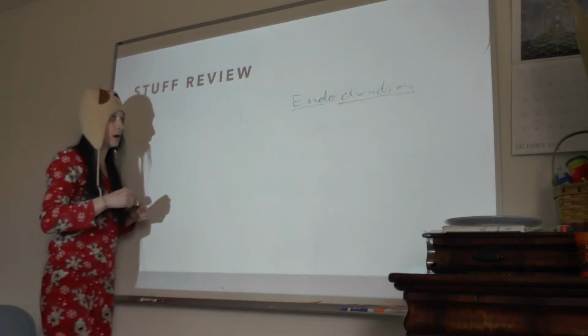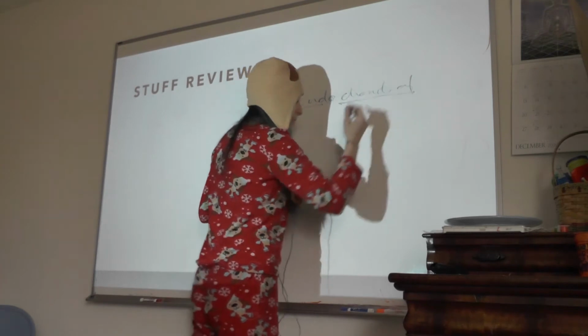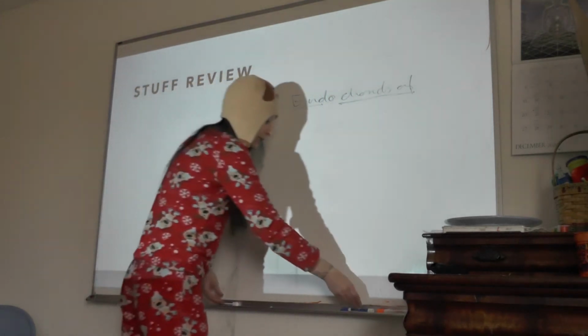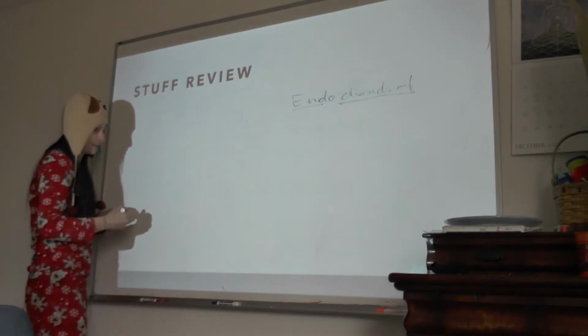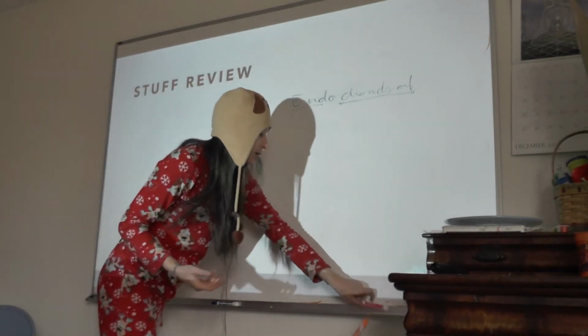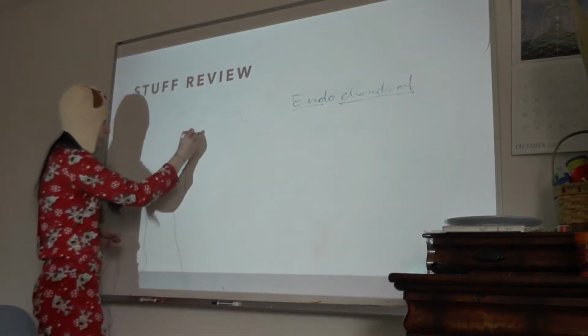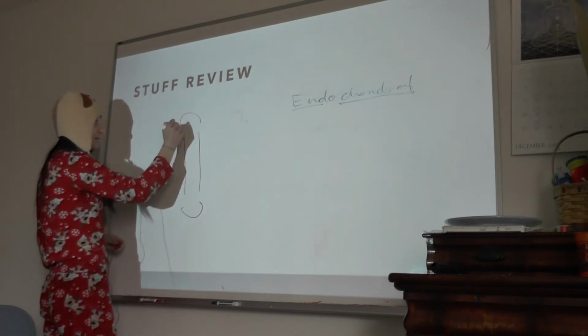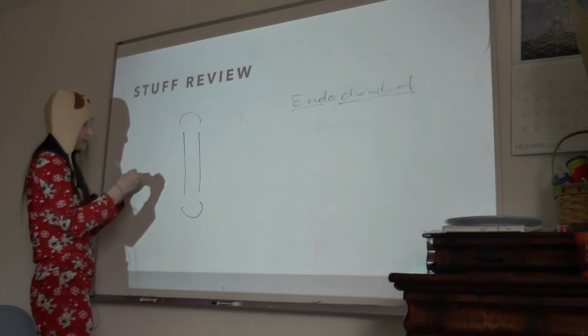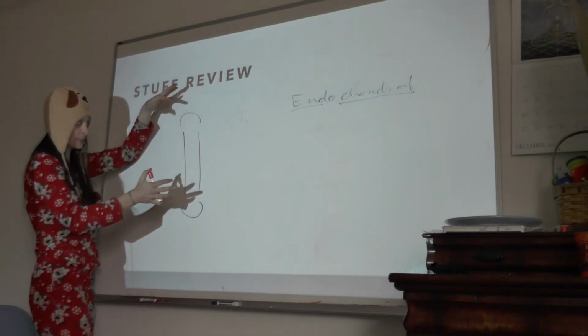So for endochondral ossification, let's think about this. We've got this diaphysis, which is the long shaft of your bone in the middle, and we've got these two epiphyses that we're going to have to solidify also.